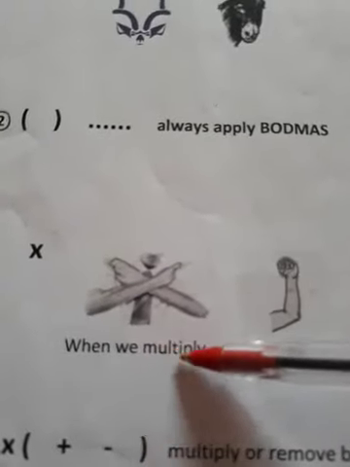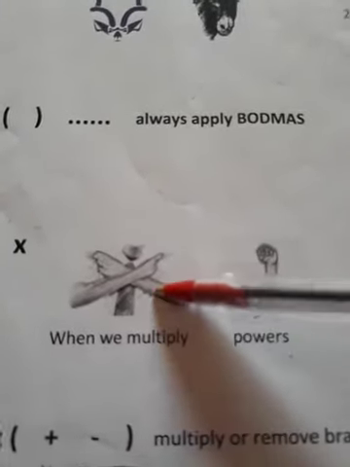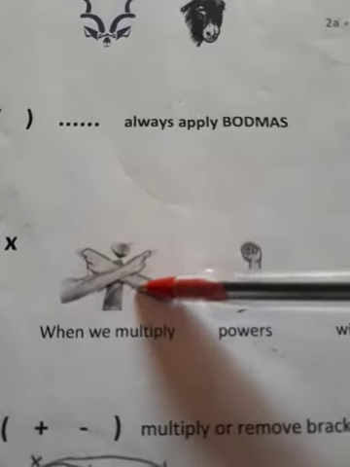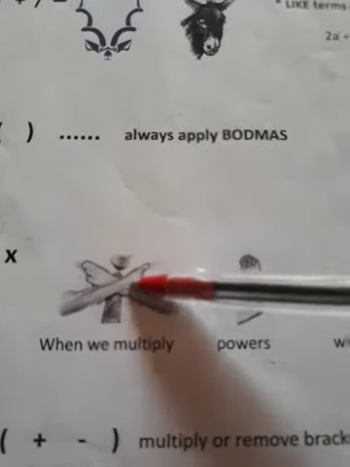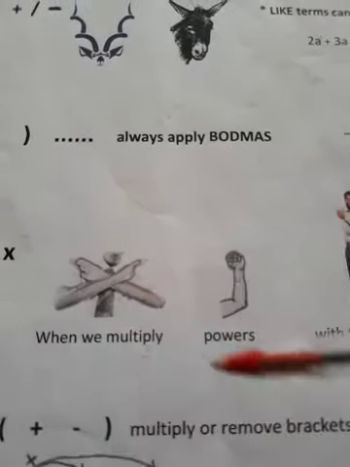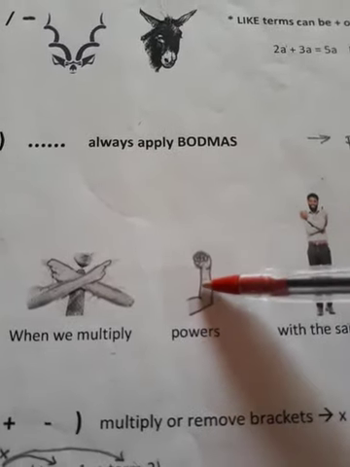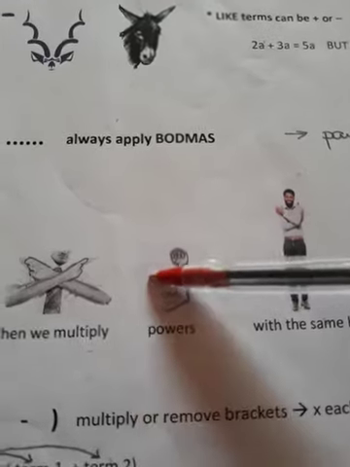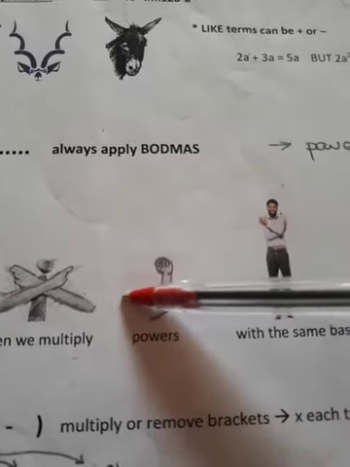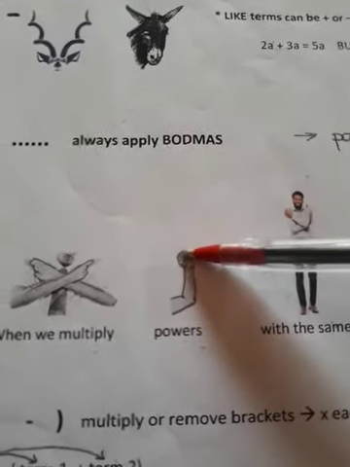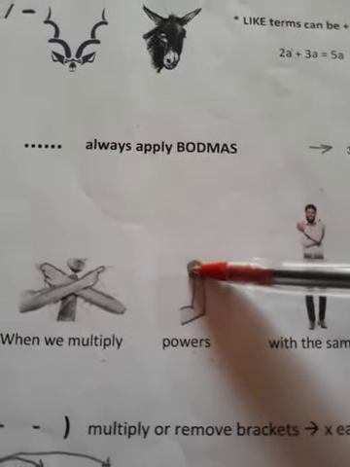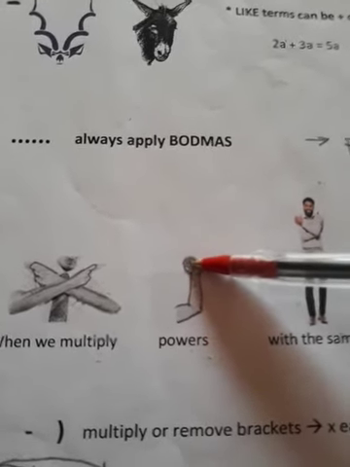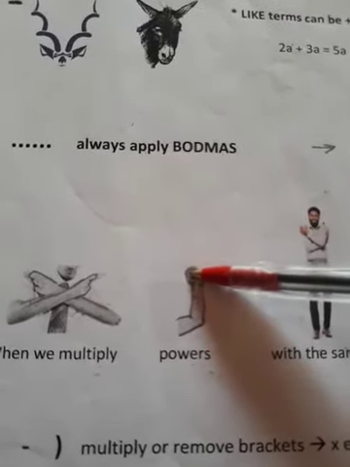You would say when we multiply, and in that you would fold your arms so that it shows a multiplication sign. Powers we show by raising our fist above our head. Importantly, the fist must be at the top, because the index or the power is actually written at the top of a number.